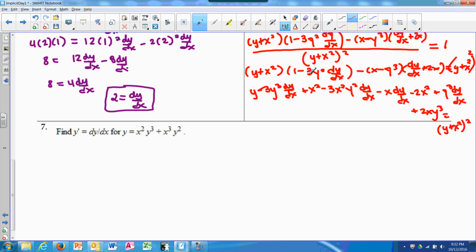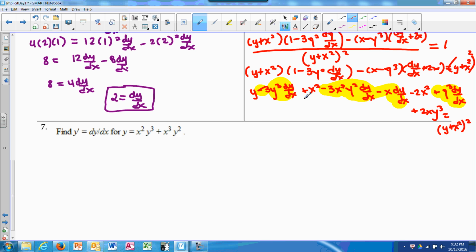Cool. So now, gathering together my dy terms, don't forget to take the sign with it. There's 1, 2, 3 negatives on the left. If I move the other terms over, I'm going to end up with 2 more negatives on the right. If I move the other terms instead, I'll be a little bit better off.